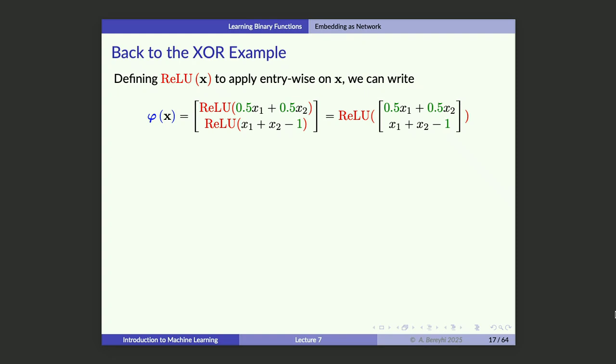This is my ReLU term, and how can I write it down? I can simply write it in a linear form, a linear transform of my x vector.